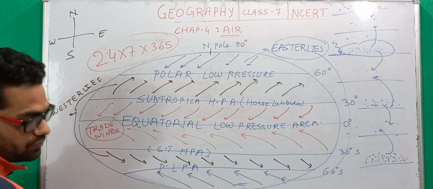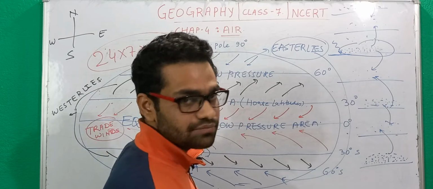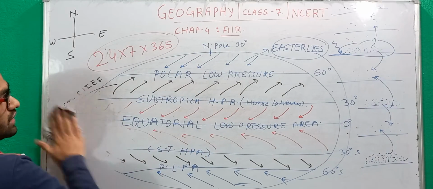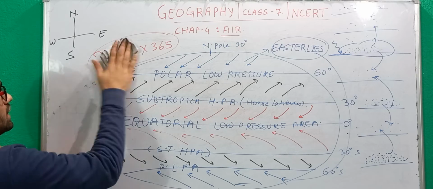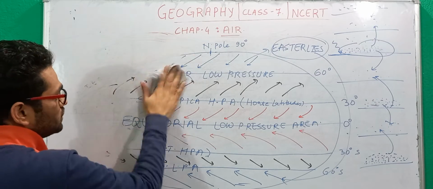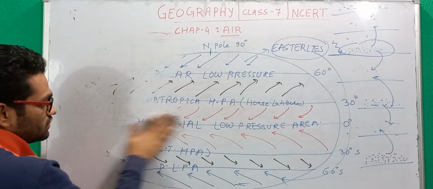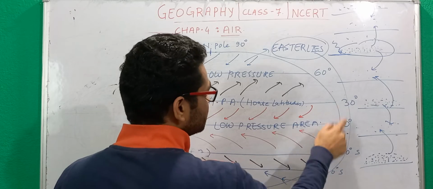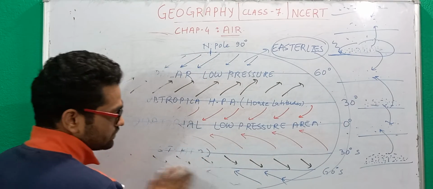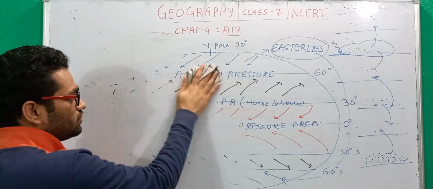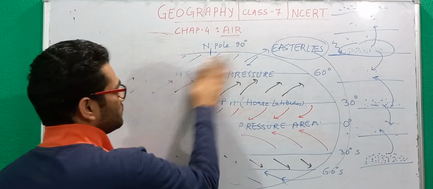Hope you have understood it in a very crystal clear manner. So now next, just draw this diagram 2 to 3 times in your copy or in your notebook, so that you have great clarity of mind. And write this 60 degree, 30 degree. These are very important, because if you do not mention this, you will not find from where this wind is coming from actually.